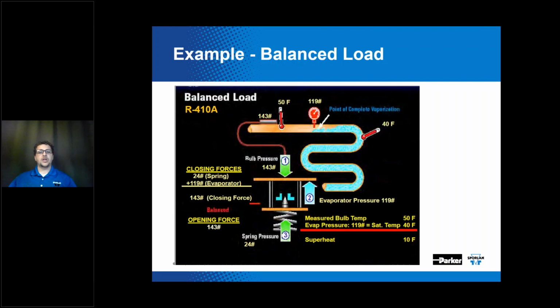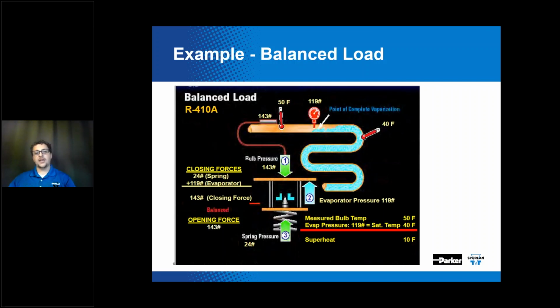A 50-degree bulb temp, if you look at the R410A PT card, is about 143 pounds of opening force acting down on the top side of that diaphragm. So your spring pressure in this case is 24 pounds. Remember that as a technician, you could adjust that adjustment mechanism and change that spring pressure to change the superheat setting.